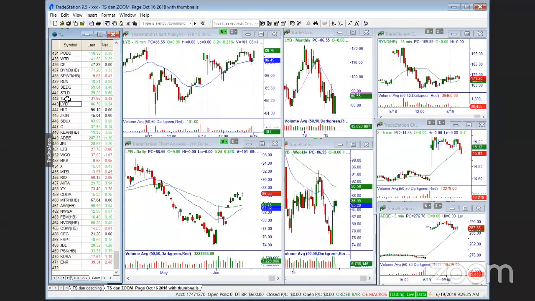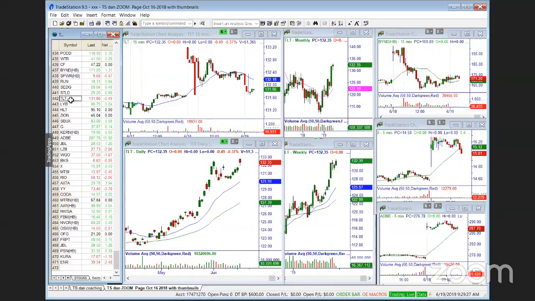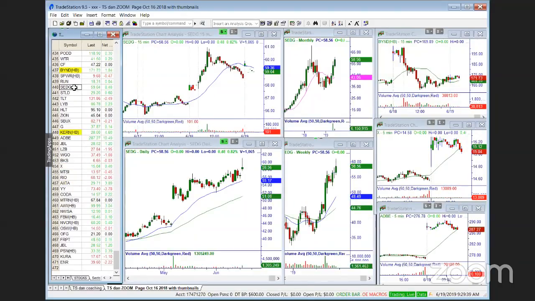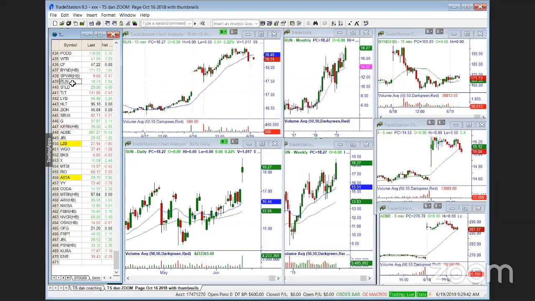It's going sideways, but it's fine. TLT, I'm watching for a call spread. Stoled was up yesterday on volume from a multi-week base. That's put spread and looks higher. SEDG run was another solar play that I'm watching.